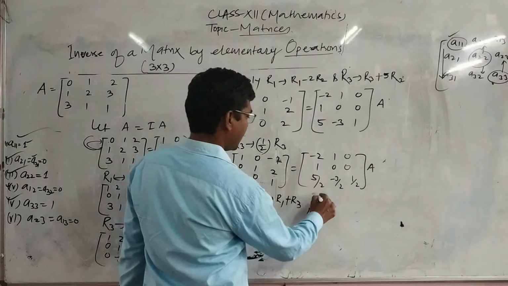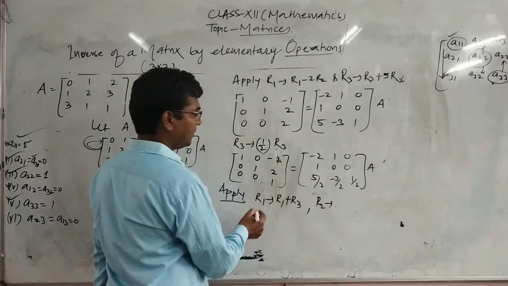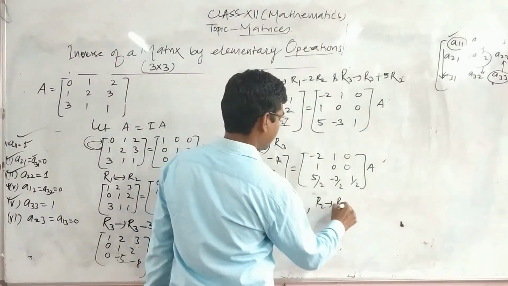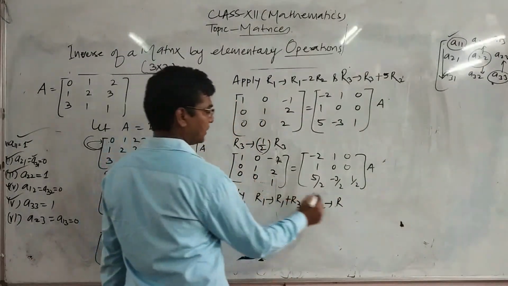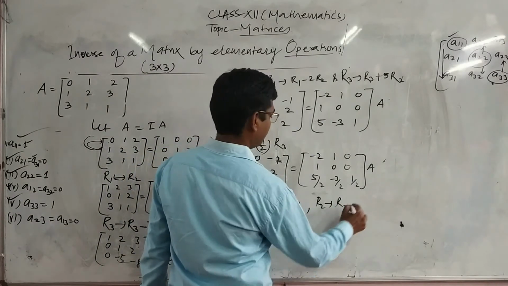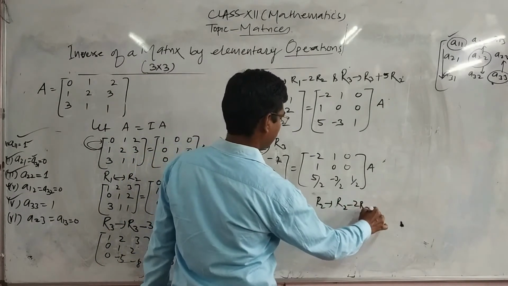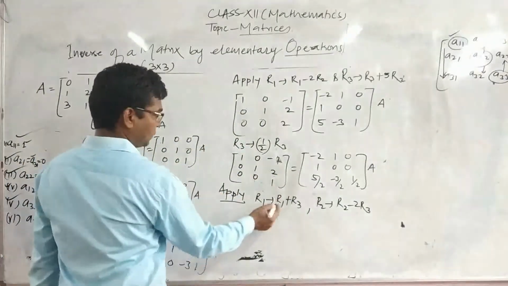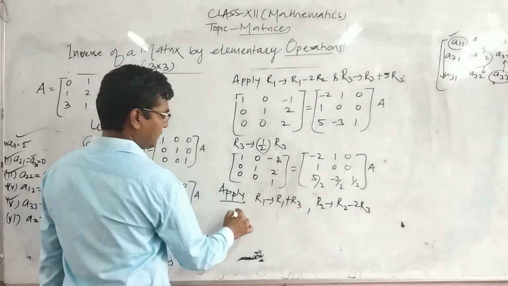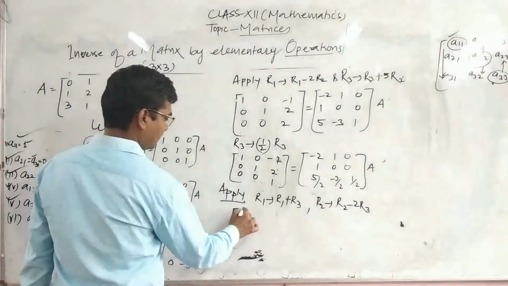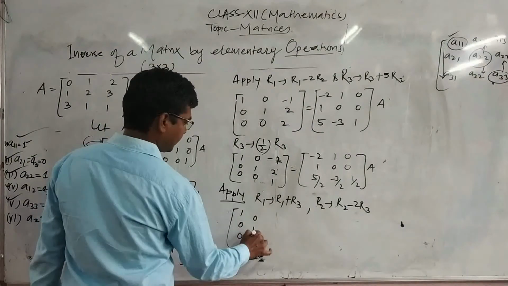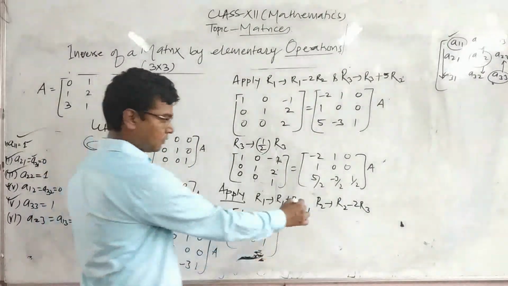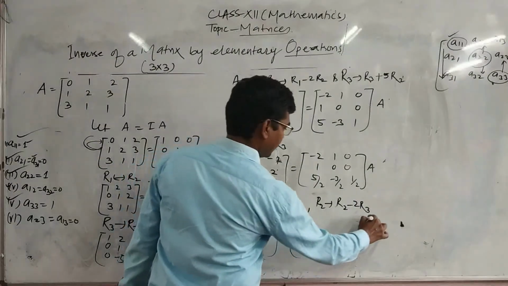And for R2 we will make this A23 zero, so R2 minus 2R3. By applying these two operations, definitely these two parts will be 0, so no need for calculation. Just write this part as your identity matrix. But for the right side you have to calculate.